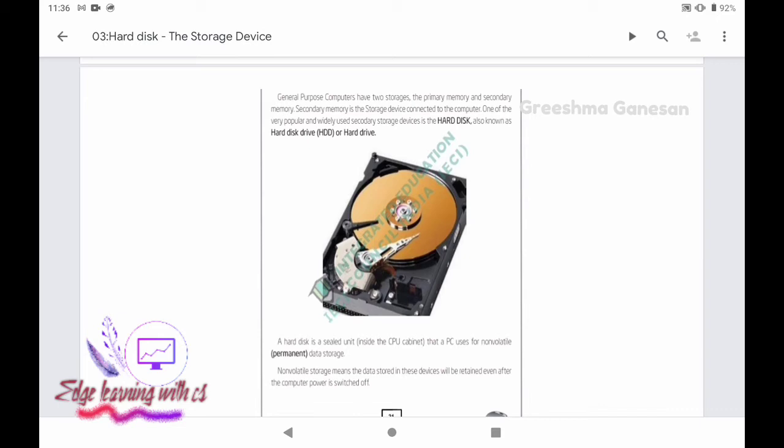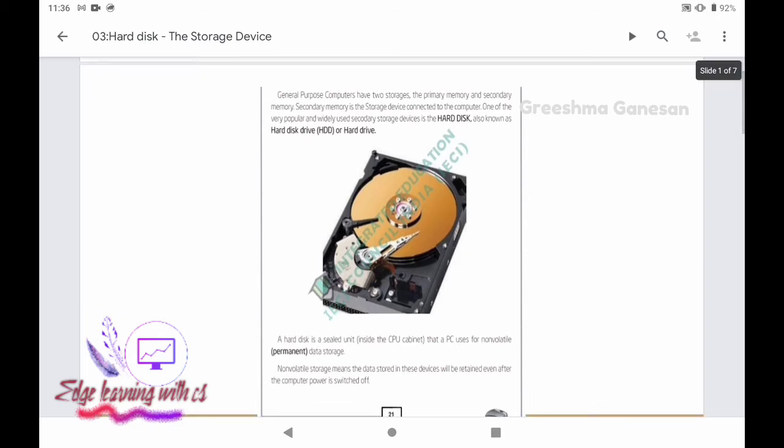And you know what? Primary memory is a temporary storage area. If you are turning off your system and getting back to your system again, then that data will be vanished from your system. And one more thing, your CPU will be directly connected to the primary memory only, which is a temporary memory.